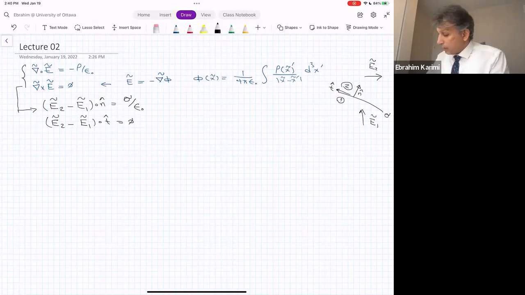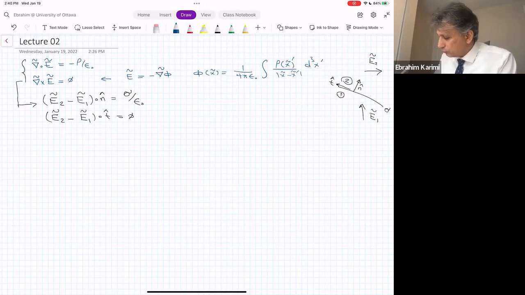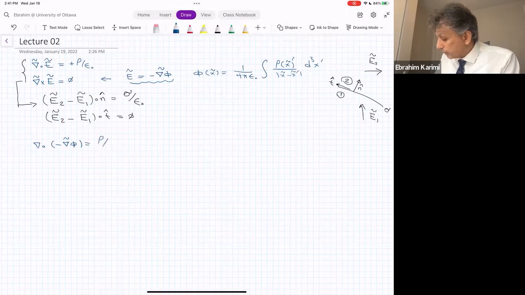And of course, during the derivations of these equations, we came to two important relationships as well. Replacing E from this equation, which is true for electrostatics, into the divergence term, we got that the divergence of minus gradient of phi is equal to rho divided by epsilon naught.